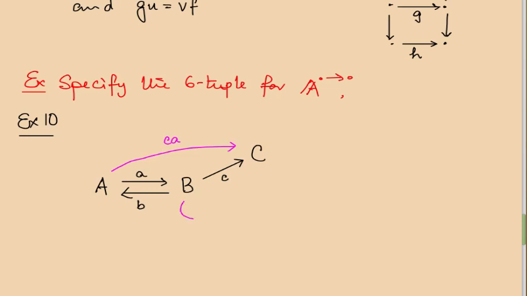Now there will be a morphism from B to B, because you go from B to A and come back. So there is AB. Similarly, there shall be a BA. Now, you have a loop over here. So, you come from A to B and then follow it by this loop. So, you should have ABA.